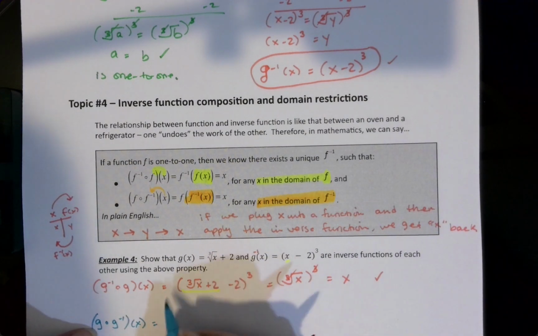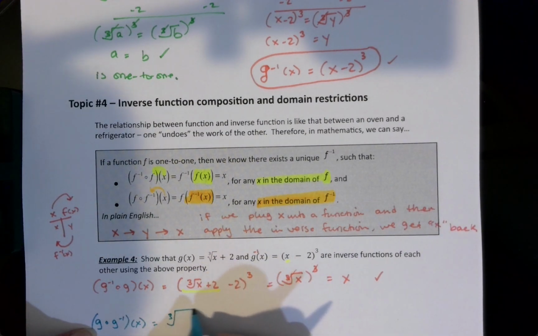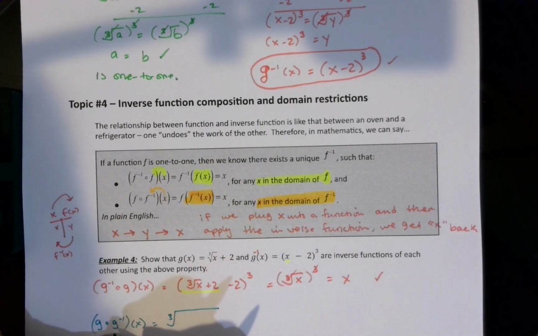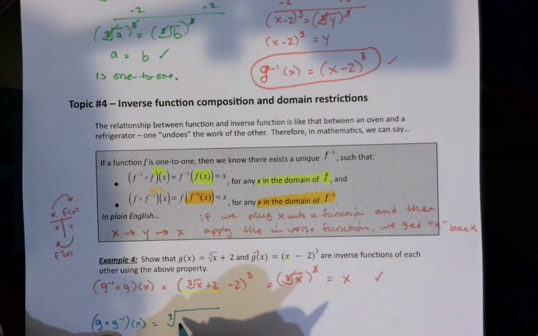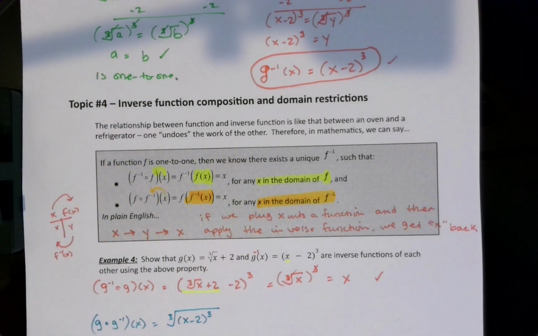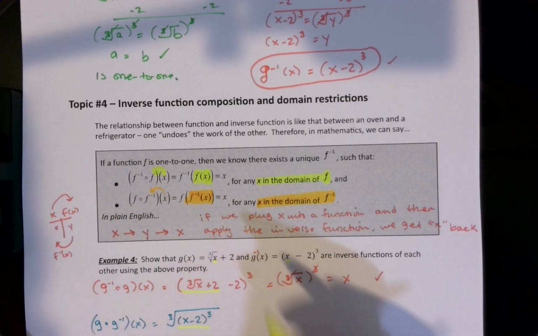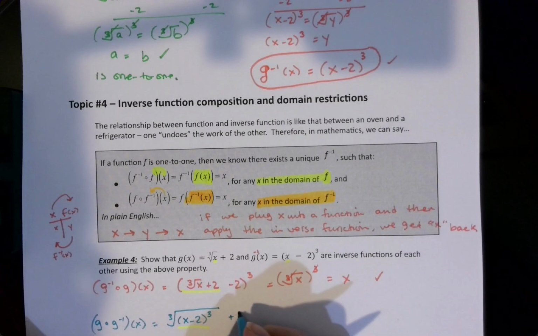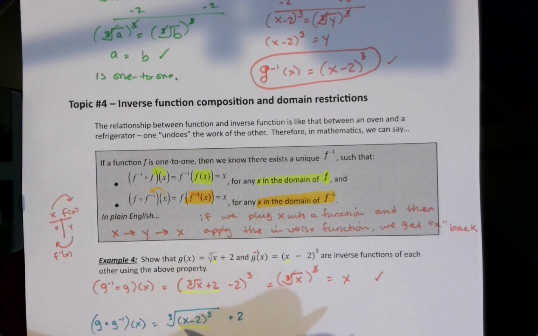So outer function of g, this is cube root of x. Now our x is going to be the input, the g inverse function. So it's going to be the x minus 2 to the third. Okay, so all of the g inverse function is going to go right in here for x, plus 2. The large separation underneath the cube root is a cube, so these are going to undo each other.